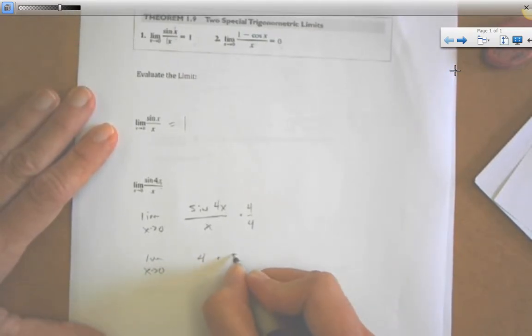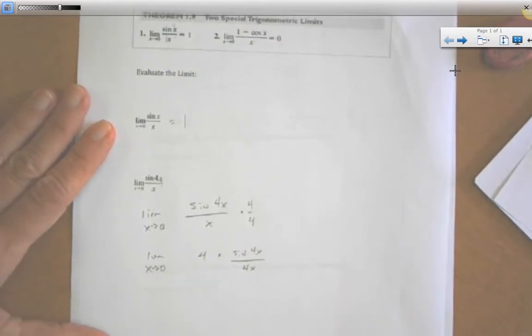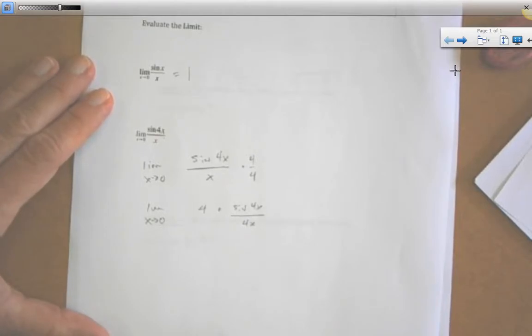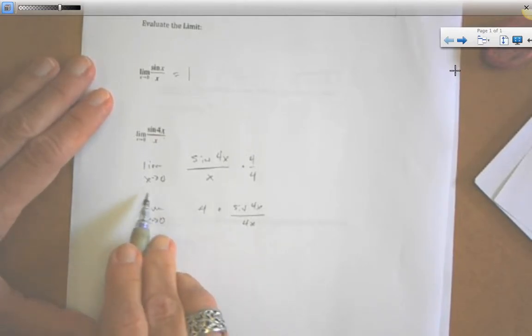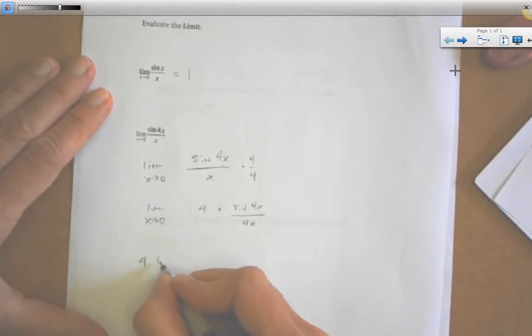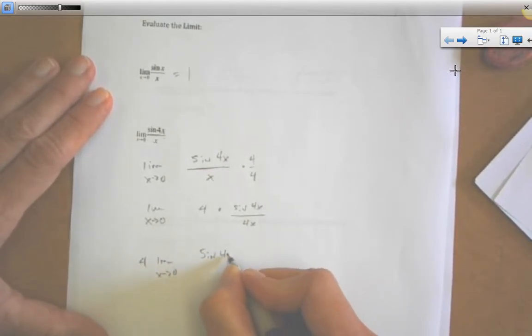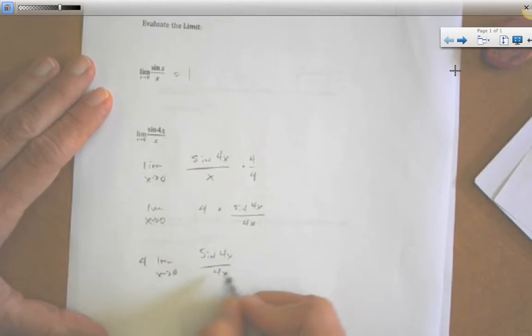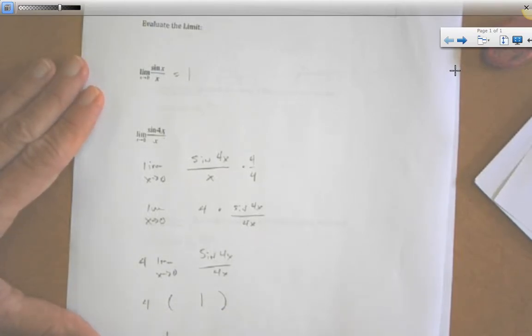So 4 times sine 4x over 4x. Now I'm going to use the properties of limits. I'm going to pull this 4 in front of the limit notation because it's just a constant. The constant can go in front. Since this whole thing is now in the correct form, this is 4 times, using the substitution property, 1. The limit is equal to 4.